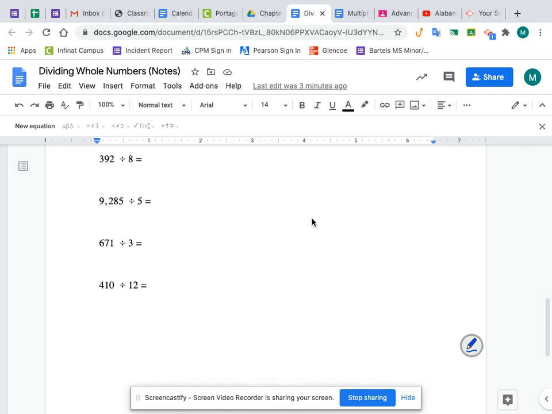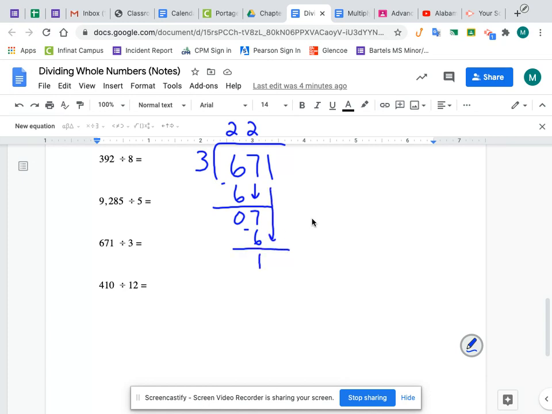So next one, I have 671 divided by 3. Well, 3 goes into 6 2 times, which gives me 6, and I subtract to get 0. Bring down that 7. 3 goes into 7 2 times to give me 6. 1 left over. Bring down that 1.